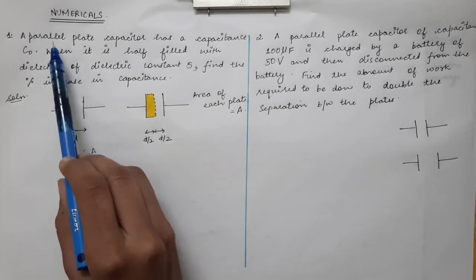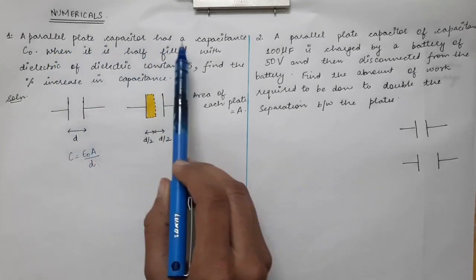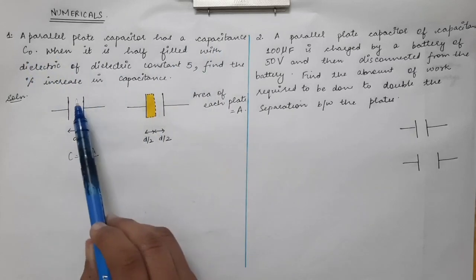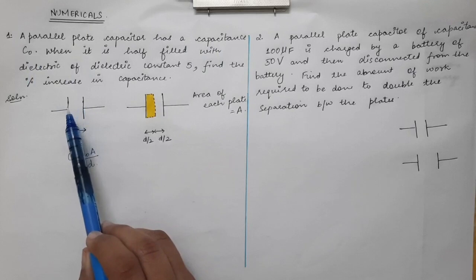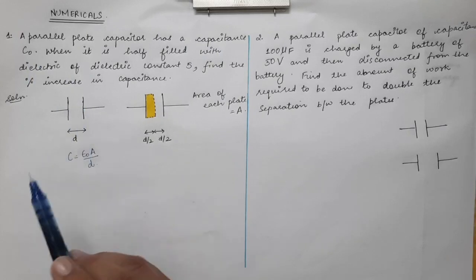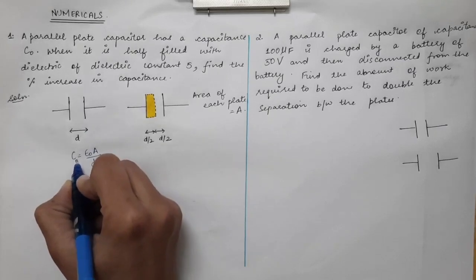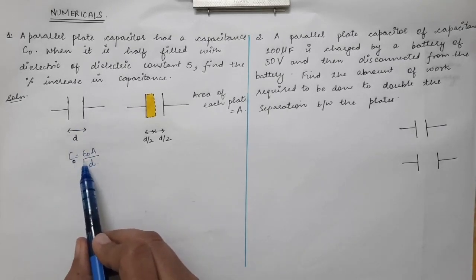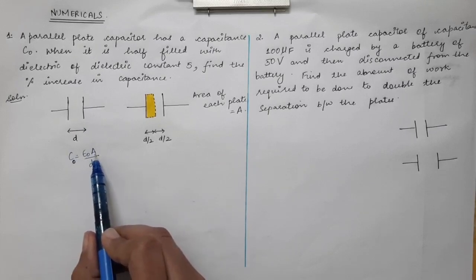Here we are given that a parallel plate capacitor has a capacitance C0, the capacitance of the capacitor which is not filled with any medium. So there is vacuum between the plates, and its capacitance C0 has the formula epsilon naught into capital A divided by small d.